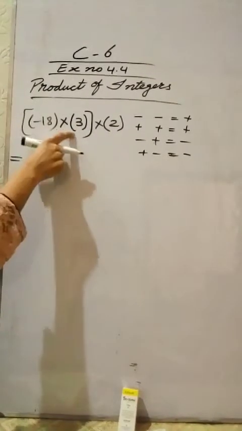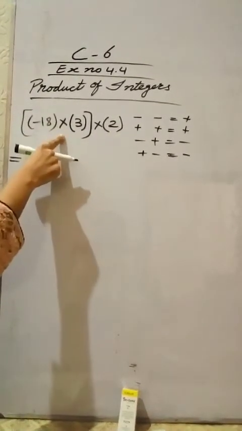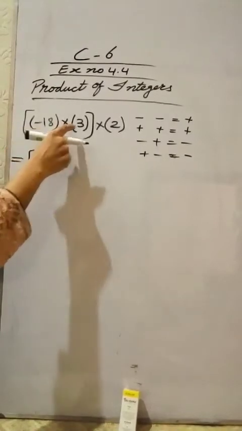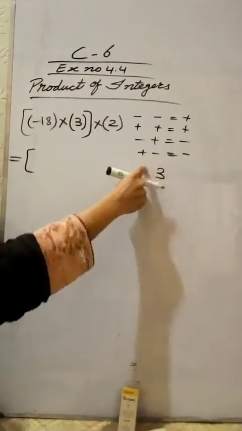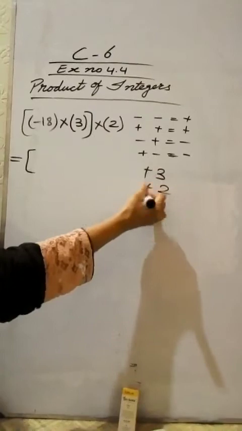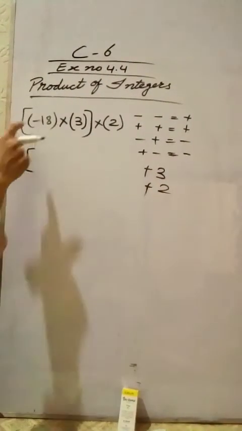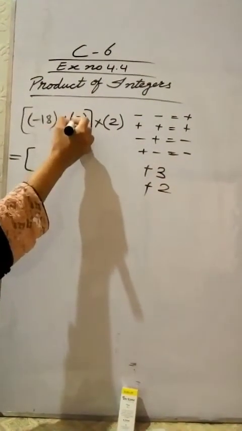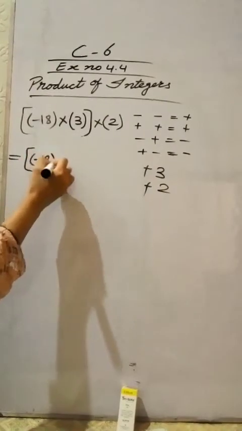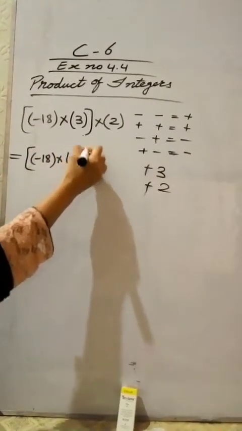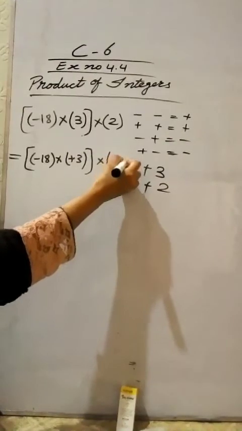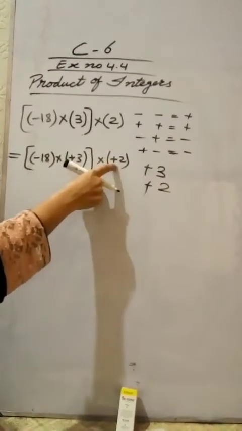Firstly, we always solve the small bracket inside the square bracket. So minus, what is the sign of a single value? Plus. We always consider it as plus. So we need to put the sign. Write your question again and put the sign. Plus 3. The single value sign is plus 3. For your understanding, you can put the plus sign.